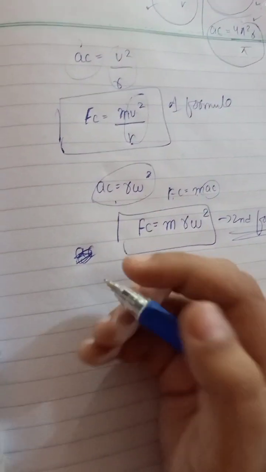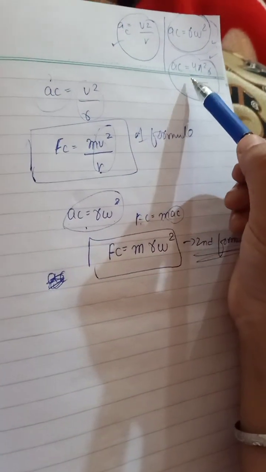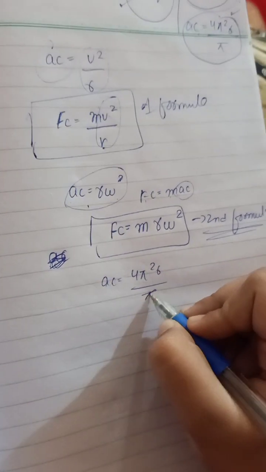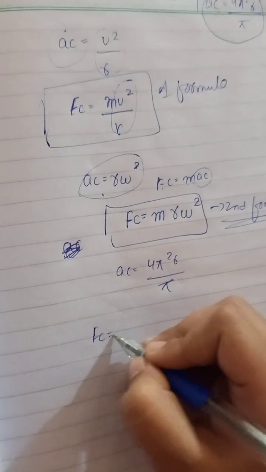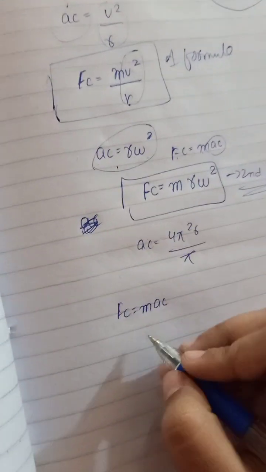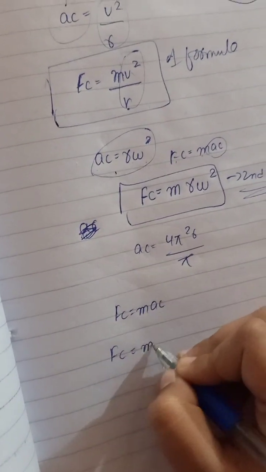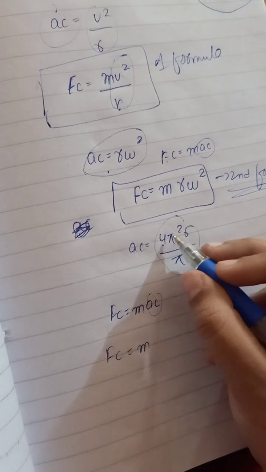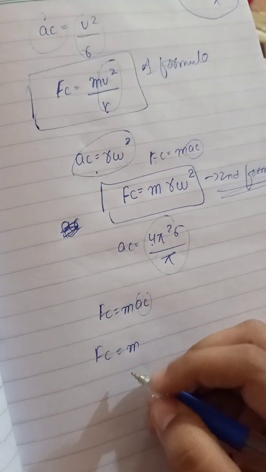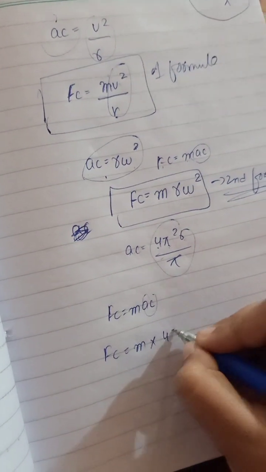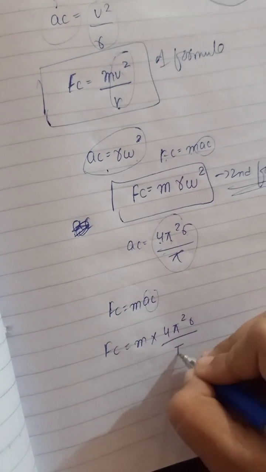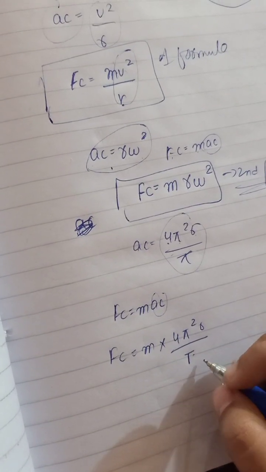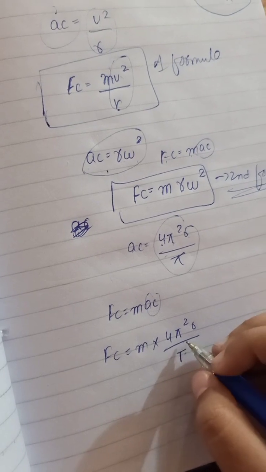If we talk about the third formula of centripetal acceleration, that is a_c is equal to 4 pi square r upon T square. So we have the first formula, F_c is equal to m a_c. So F_c is equal to m, and here we put the acceleration as 4 pi square r upon T square.